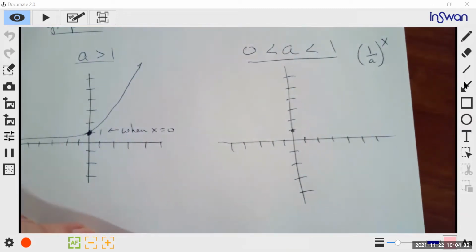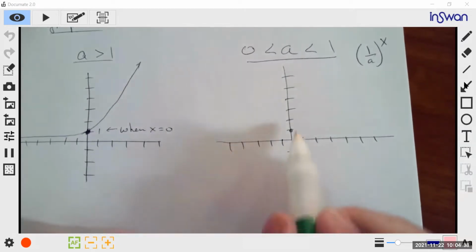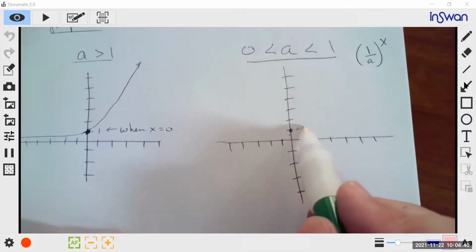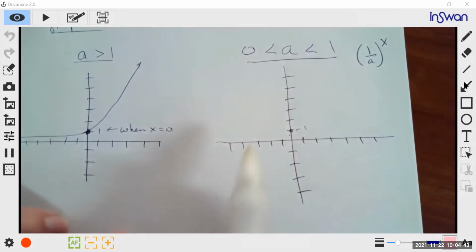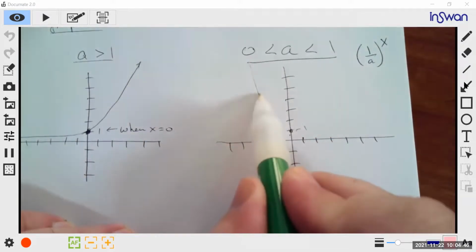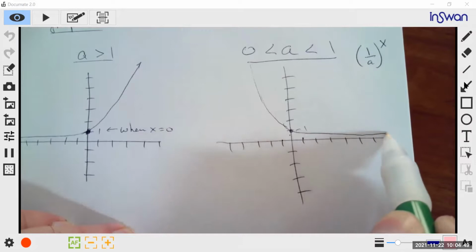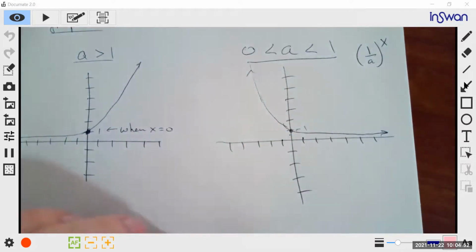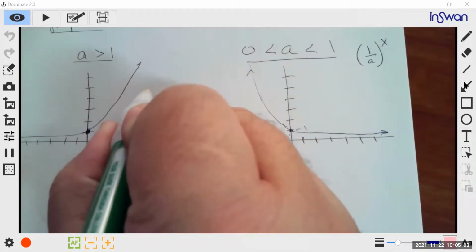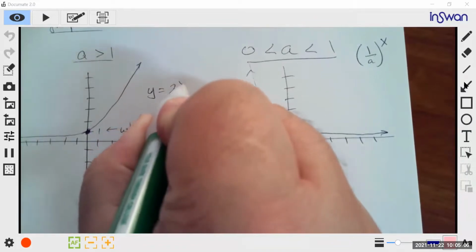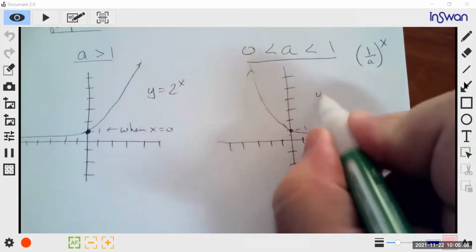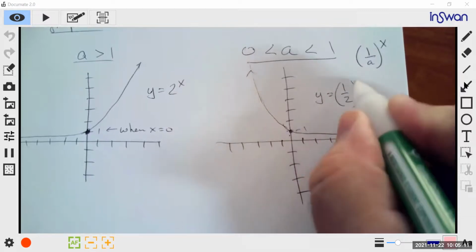It's a fraction. Anything to the power 0 is 1. So there's 1 again. It's always going to cross through 1. But now the graph has been switched about the y-axis. It rotates. So this is an example of y equals 2 to the power x. This is an example of y equals 1/2 to the power x.